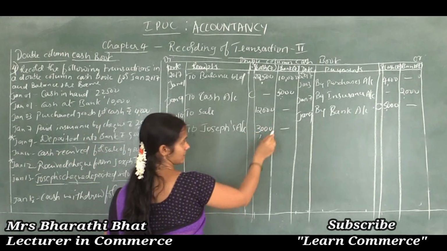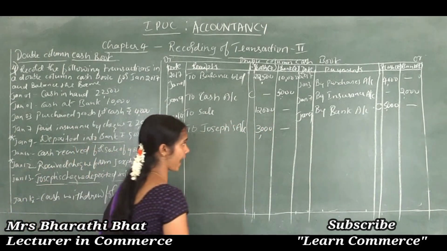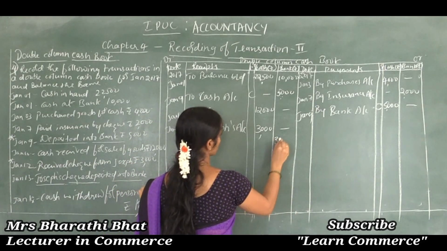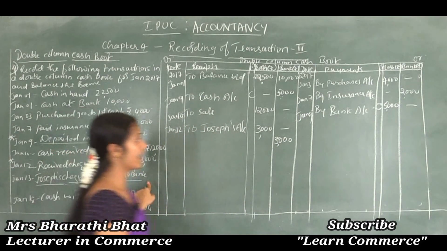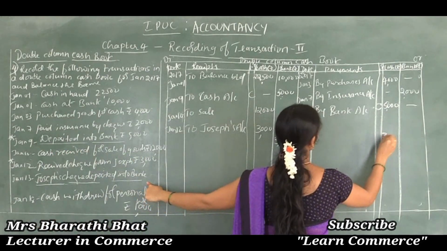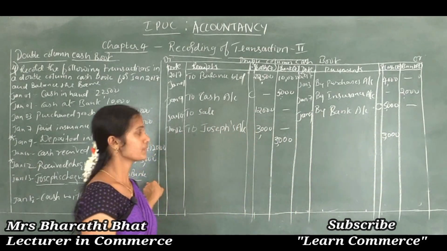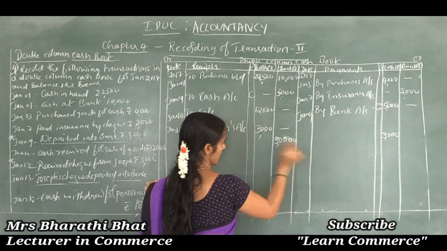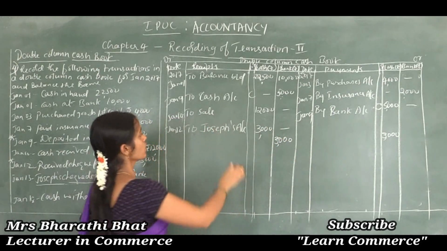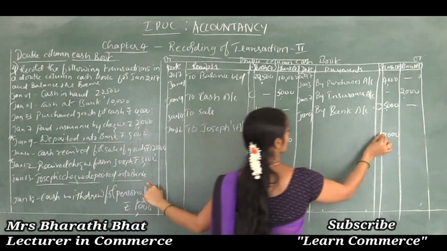Previously we considered that check as cash, right? Now that same cash is deposited into the bank. So our bank shows an increased value of 3,000, and cash shows a decreased value of 3,000. So this cash amount is cancelled against this, like that. So now this is a contra entry.